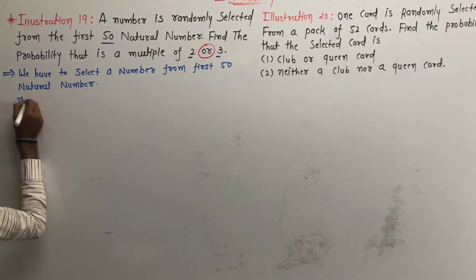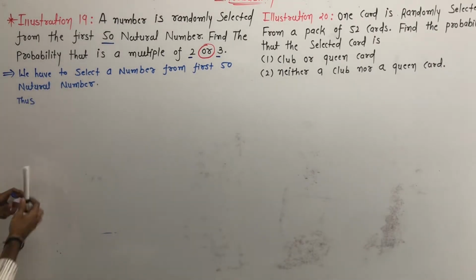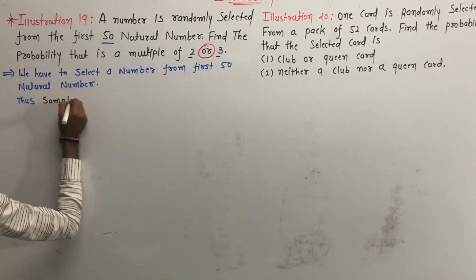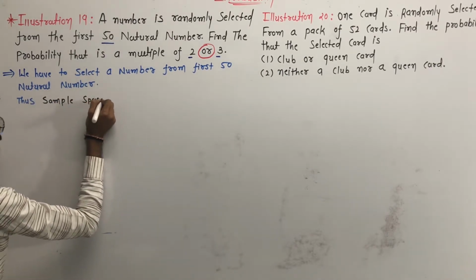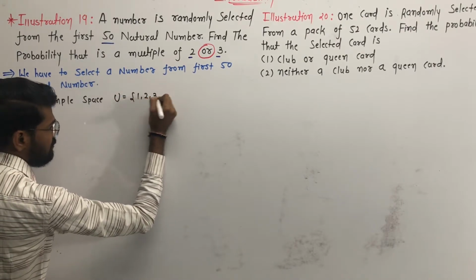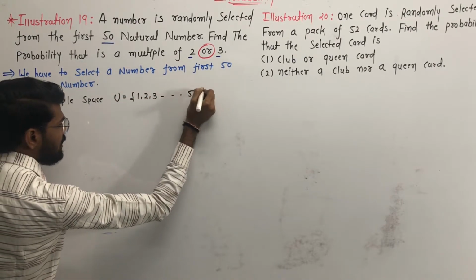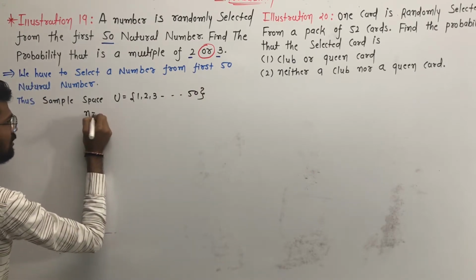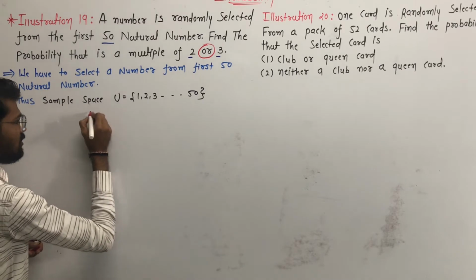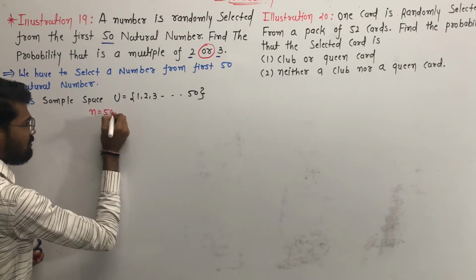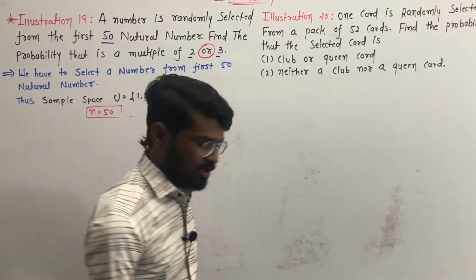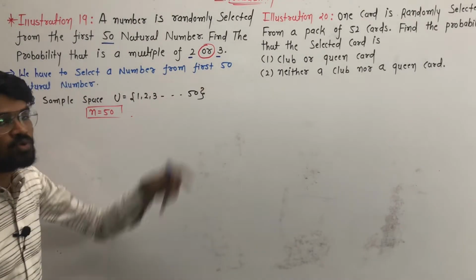Thus our sample space U is equal to 1 to 50, natural numbers. How many will it be? N is equal to 50. Our number of total possible outcomes is equal to 50. Now we have to select a number which is a multiple of 2 or 3.